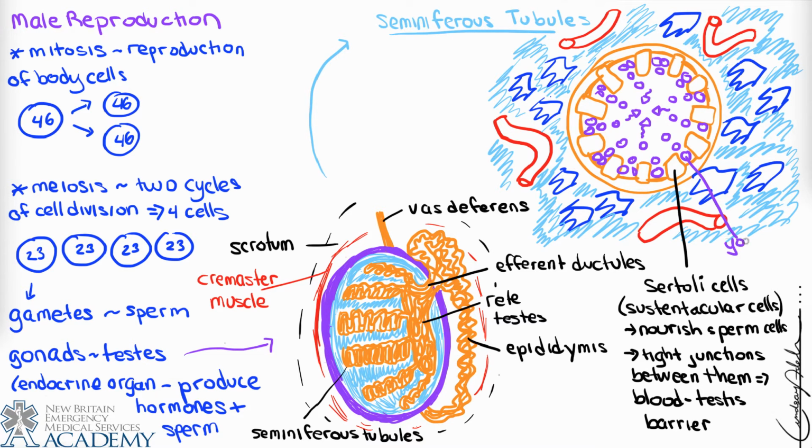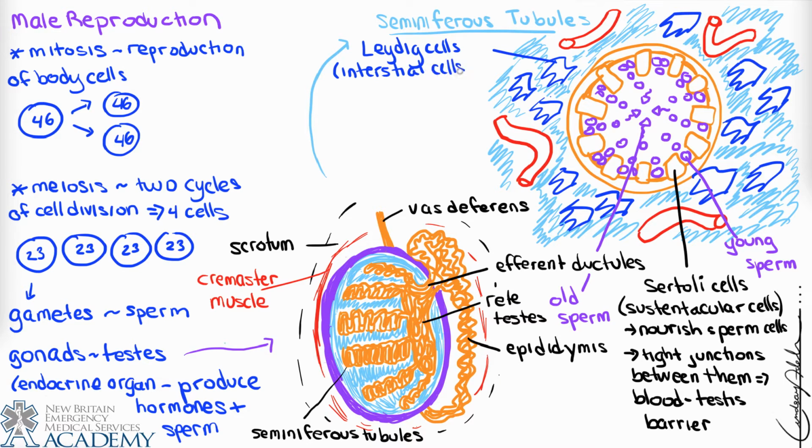Now, as we notice the sperm in purple, there are younger sperm closer to the exterior, and then we have the older sperm closer to the center, or the lumen. So essentially, as several divisions occur to make the sperm cells, they move inward and then they're able to travel.